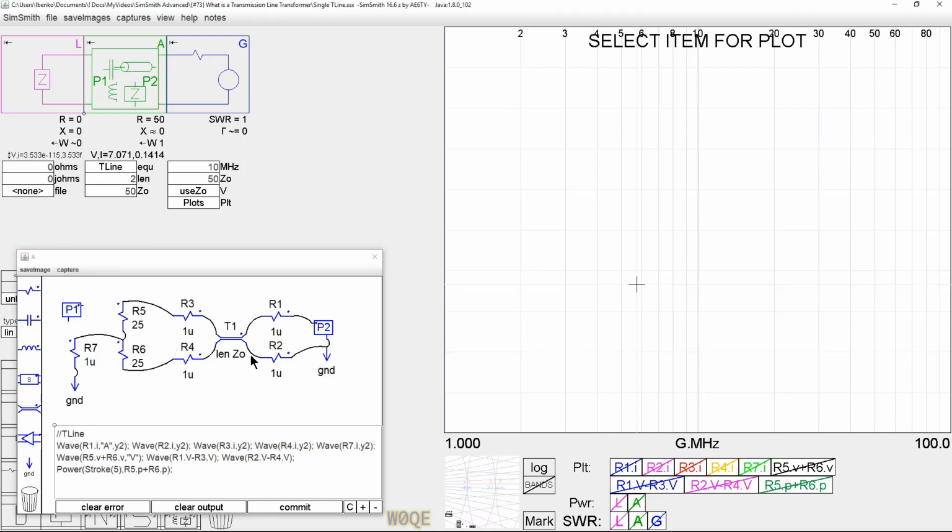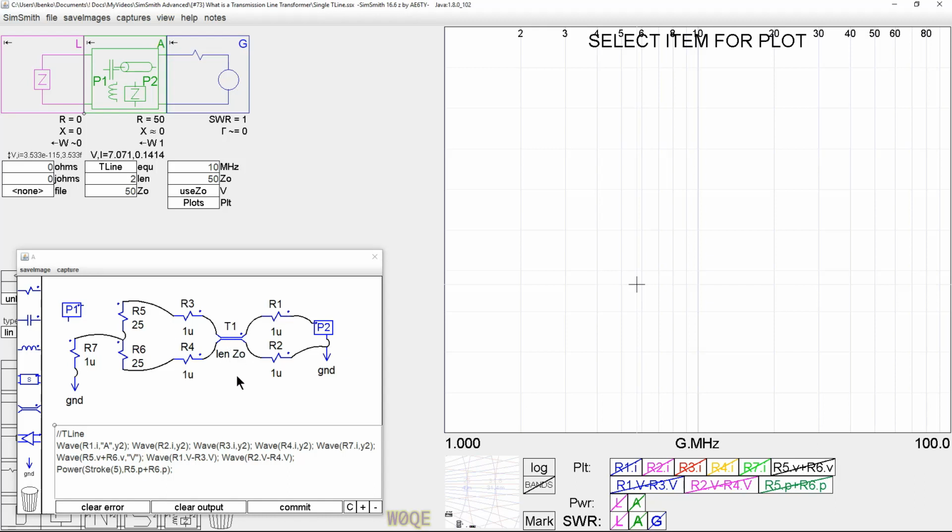There are 5 parameters for transmission lines if you don't give them a name for a specific transmission line type: length, impedance, velocity factor, loss, and what frequency the loss is measured at. But if I leave parameters off, I get defaults. In this case, I'm going to define a length and a transmission line impedance only. That's a differential or surge impedance right here, and it's a lossless transmission line.